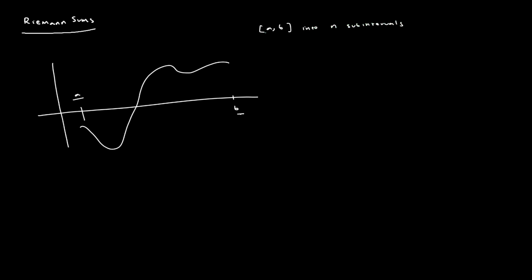So we have this overall area between a and b, and we're just going to split it into n subintervals, such that all the points that we chose between our subintervals, so we have a less than x1 dot dot dot all the way less than x_{n-1} is less than b. So this is just saying that the anchor points, or the points that define the boundaries of the subintervals, are just between a and b, right? It's kind of obvious. And so these points then just define different partitions.